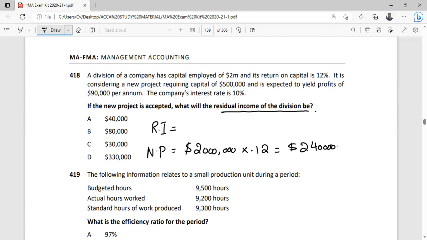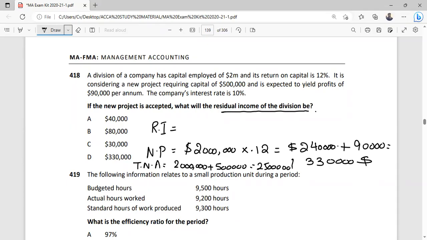Now we are expecting a total profit in addition of 240,000. Total profit is 330,000. And our total net assets are 2 million previous plus 500,000 new, so 2.5 million. Now we can calculate residual income.